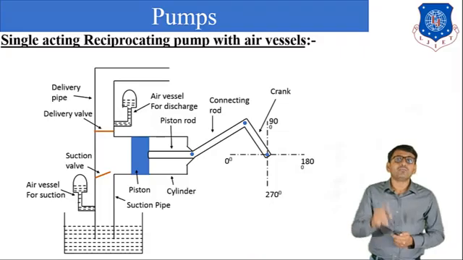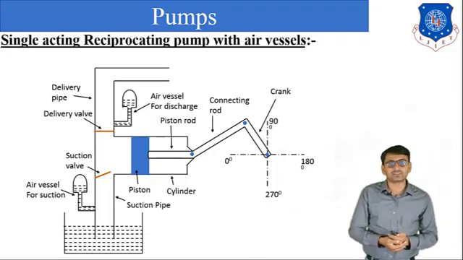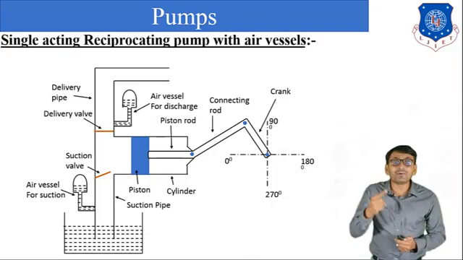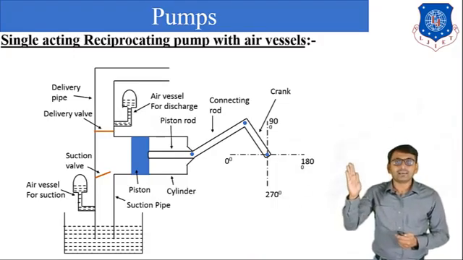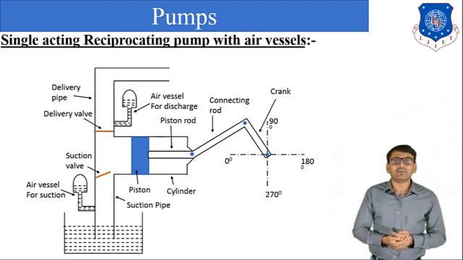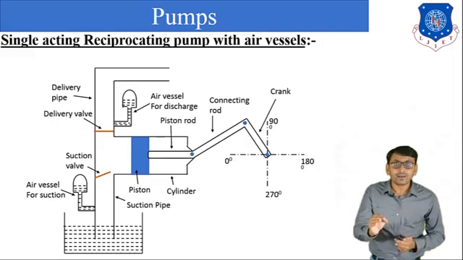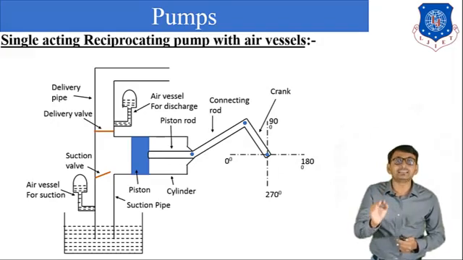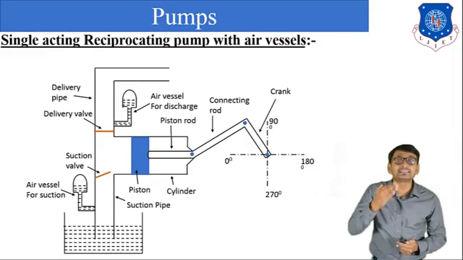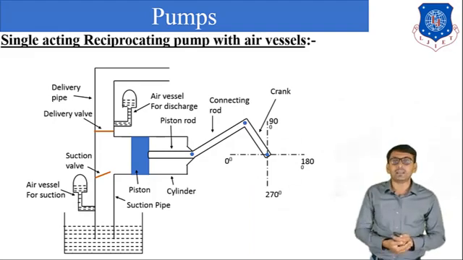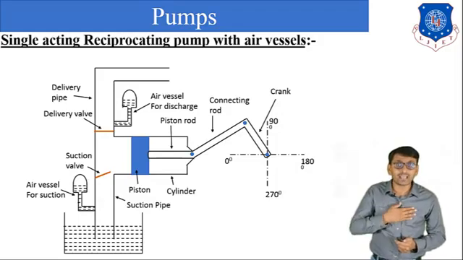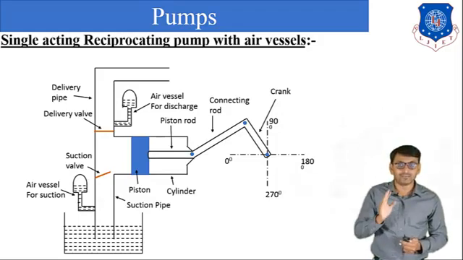Now, during the first stroke, that is the suction stroke, the delivery valve is closed, so the piston moves to the right in the cylinder and water enters the cylinder. But the water present in the air vessel at the discharge pipe is transferred to the particular application from the delivery pipe. So we get a continuous water supply.